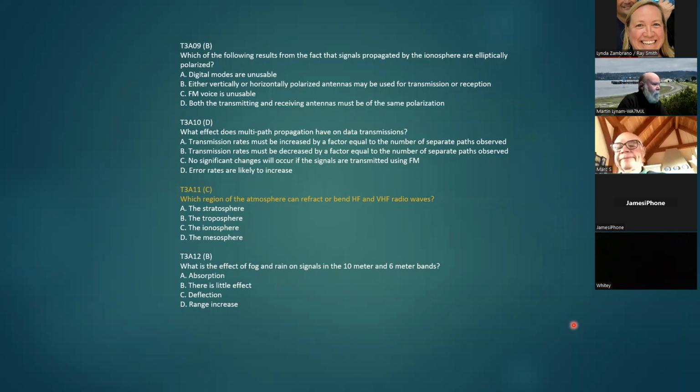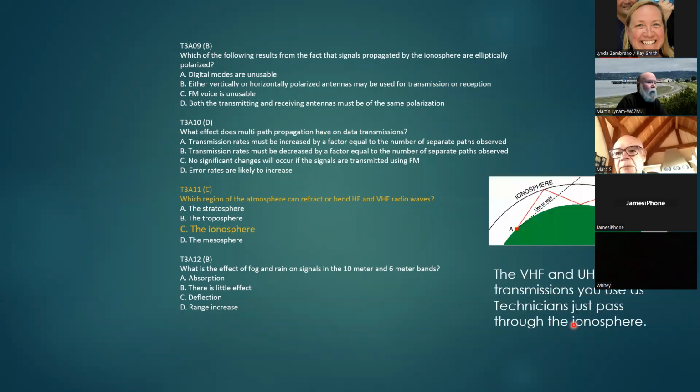And if you get into HF, you live and die by the state of the ionosphere, which is a layer in the atmosphere that has charged particles about between 200 and 400 miles up, and is the primary reason that high frequency radio waves can be reflected off of the ionosphere for very long distance communications.